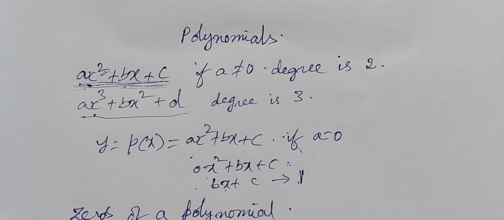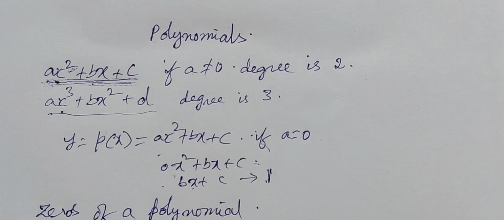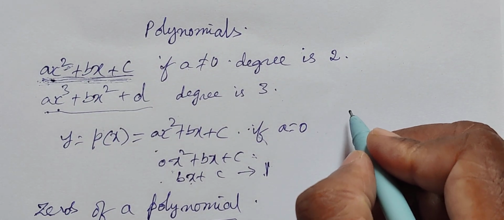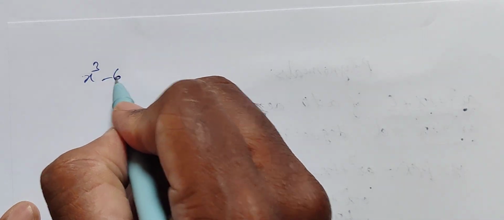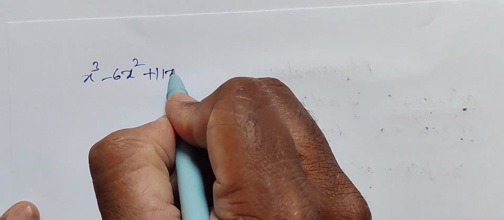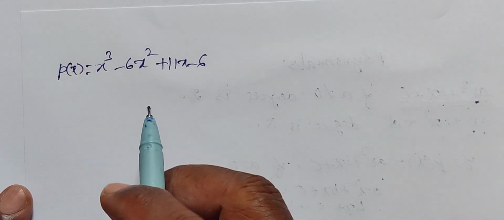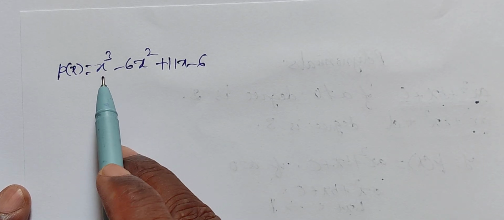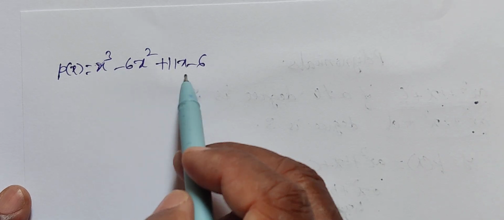If there is a cubic equation, I can tell you one cubic equation, like x cube minus 6x square plus 11x minus 6. This is my p of x. What is p of x? Polynomial of x. Remember, here we are constantly talking about a polynomial only in x.